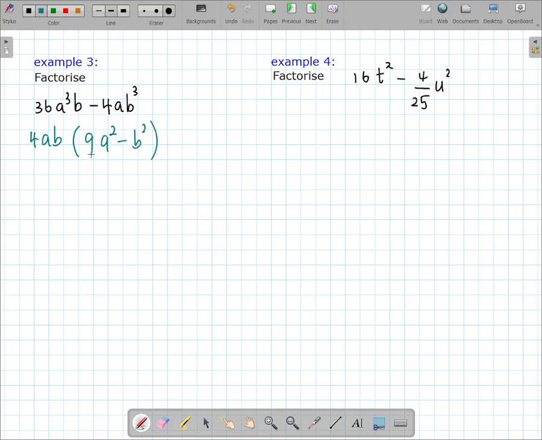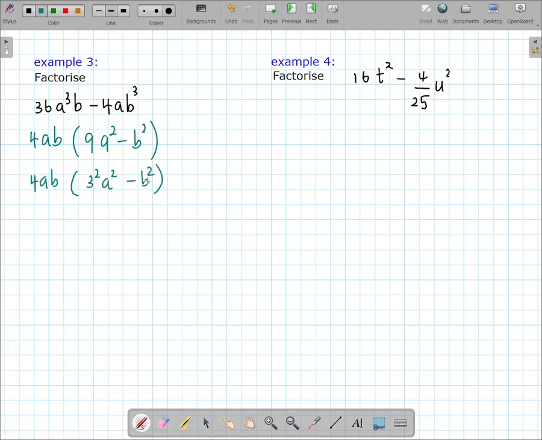Now check the inside brackets. That is 9a to the power 2 minus b to the power 2. Here a squared and b squared are there, but 9 is there. Then check whether this 9 can be written as a square. Yes, 9 can be written as 3 squared. Then we write 4ab times 3 squared a squared minus b squared.